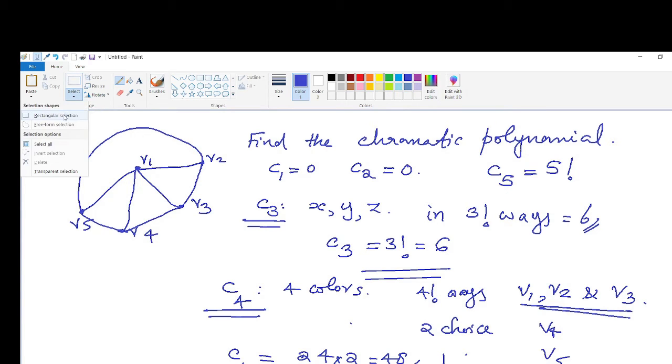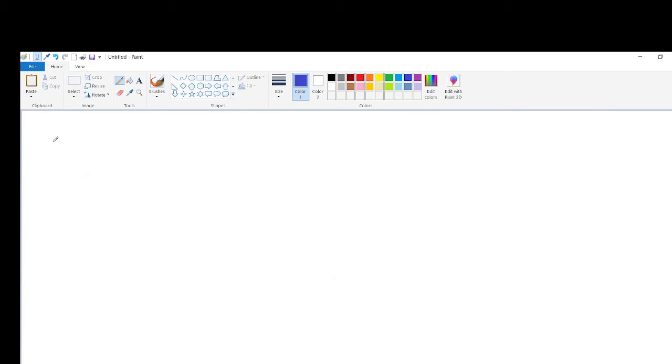Now let us move to one theorem. Theorem 8.4.